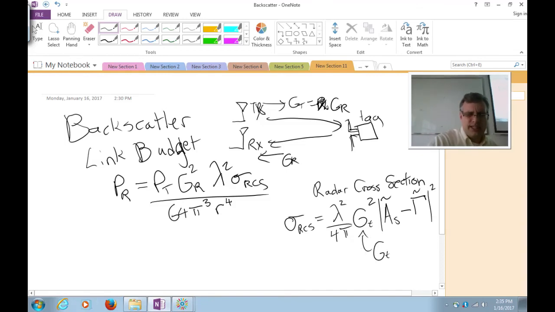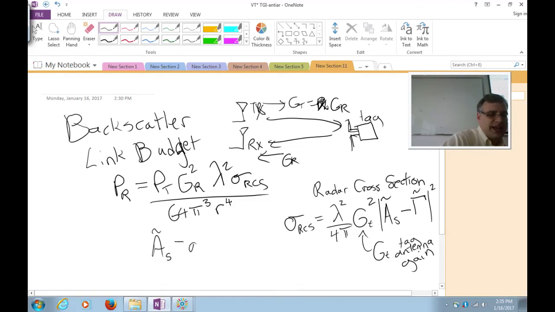so G sub t is the tag antenna gain, lambda squared, we know what that is. That's wavelength. 4 pi, we know what that is. And then these two terms here, A sub s, this is a phasor. This is the amplitude and phase of the structural component.